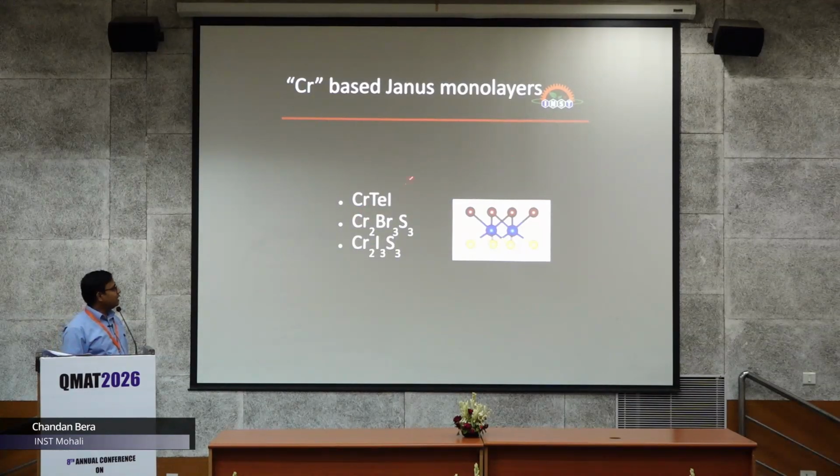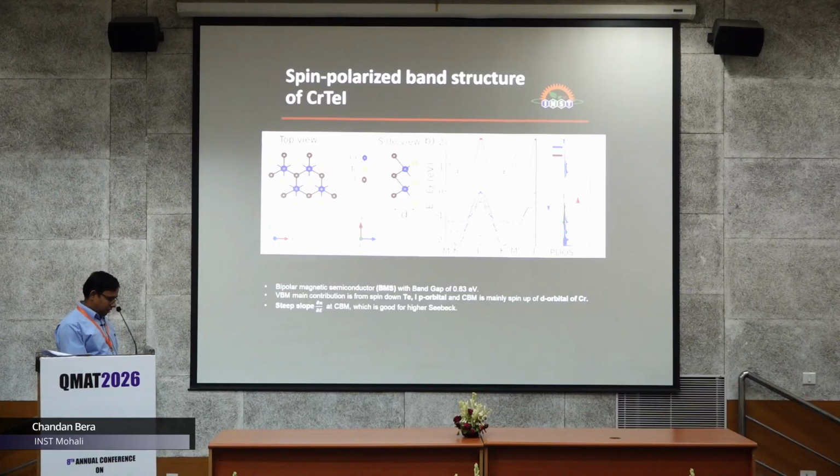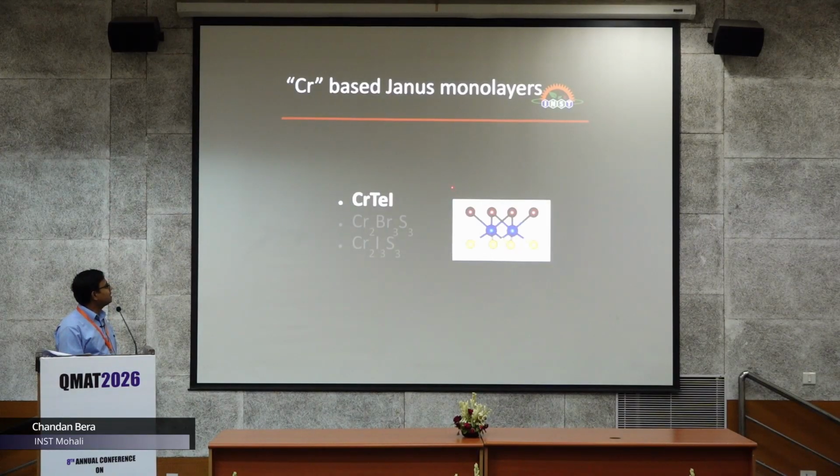The Janus structures have very unique properties. They have two different, asymmetric sides: one side has telluride and the other side has iodine. First I'll discuss the CrTeI compound, and then if time permits, I'll discuss the other two compounds.